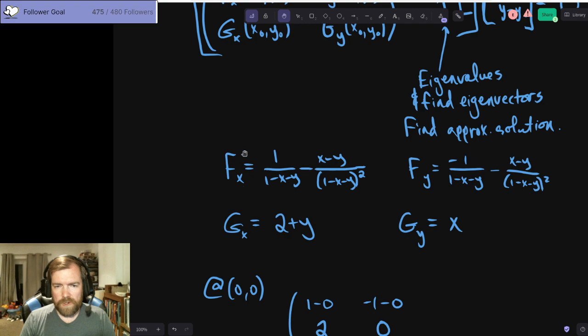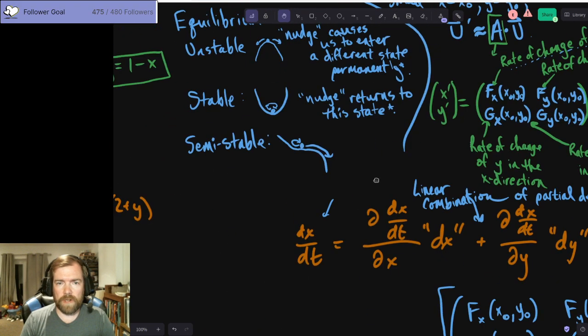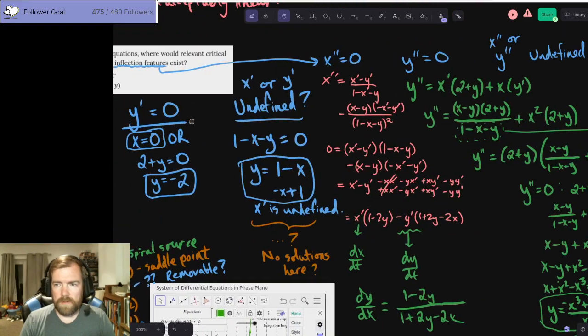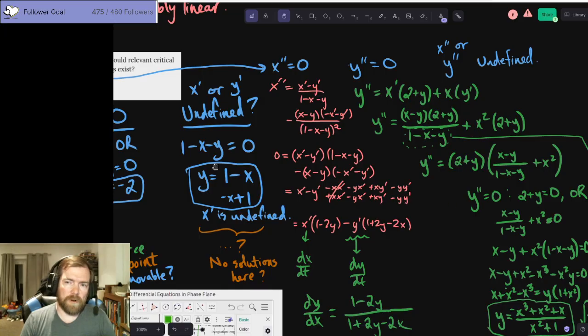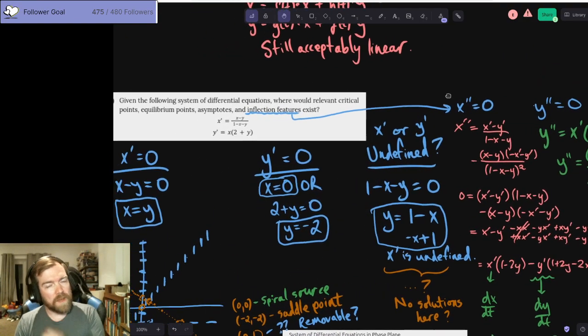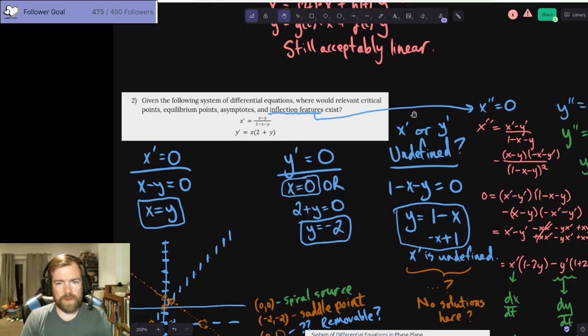So the partial derivative of f with respect to x is going to be, provided that I didn't completely screw this up, very similar to our second derivative stuff that we had up top. But the good news is that since we're doing partial derivatives, it makes it a little bit nicer.